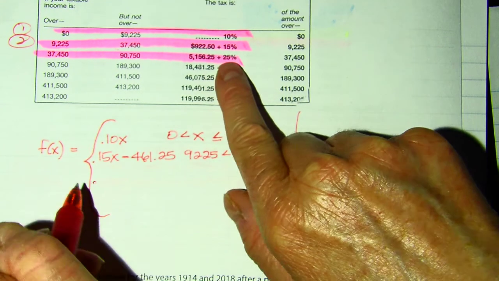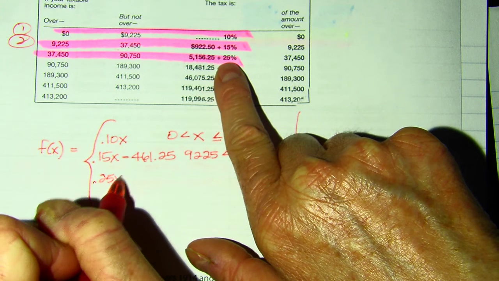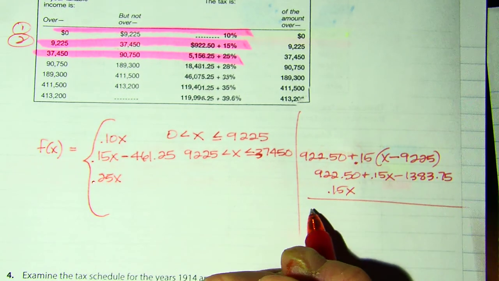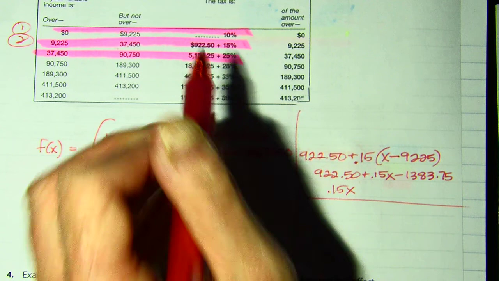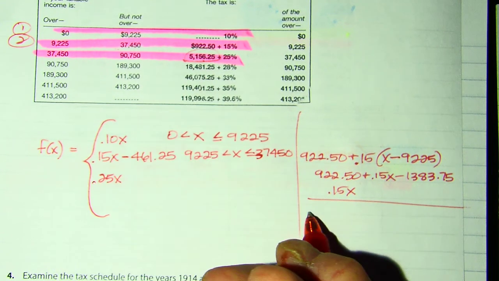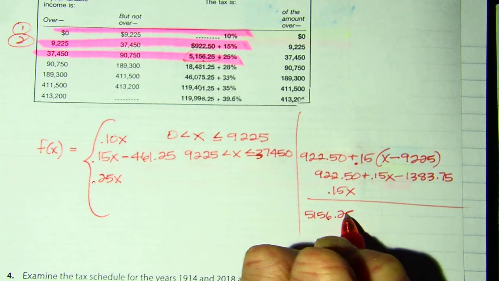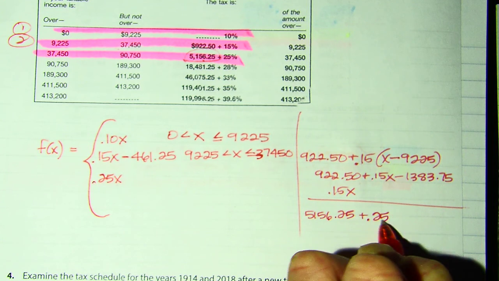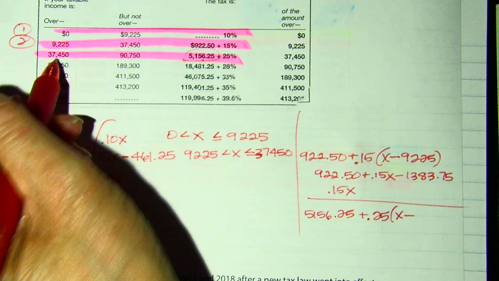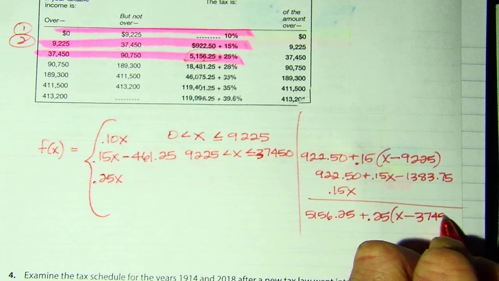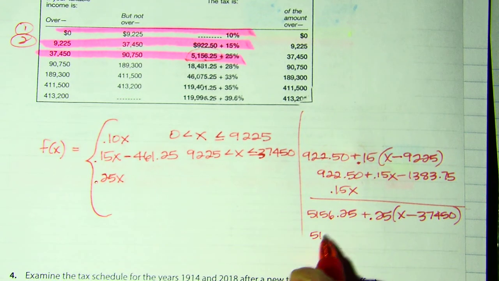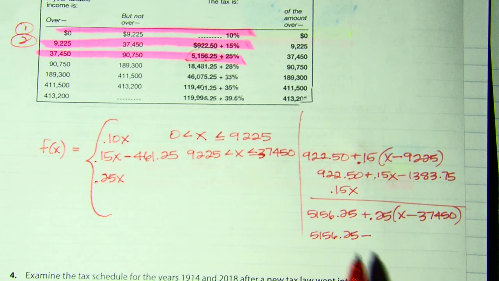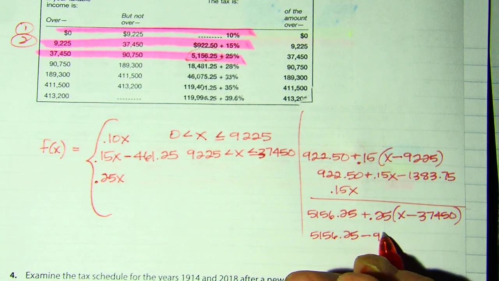This next one, I know it's 25%, but I don't know what I'm subtracting by. So I would then take the last amount. That tells me 5,156.25 plus 25% of any amount over 37,450. So I would have to simplify this. I would end up taking 5156.25 and subtracting 25% of 37,450.